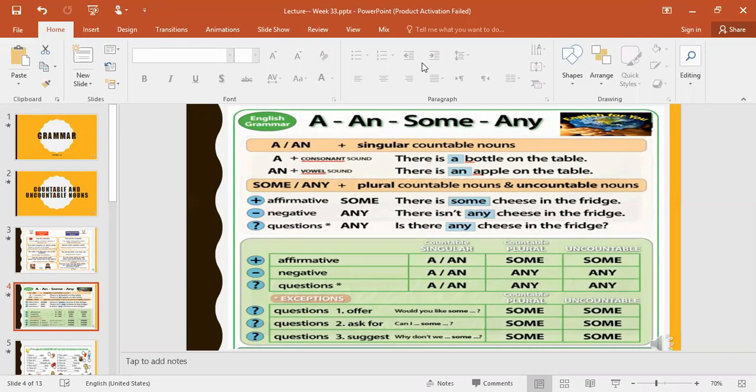In this case, in the negative form, I use any. And in the question form, I start my question with, is there any cheese in the fridge? This is why we use some and any. Any is used for the negative and question forms, and some is used for the affirmative forms. We explained them yesterday.